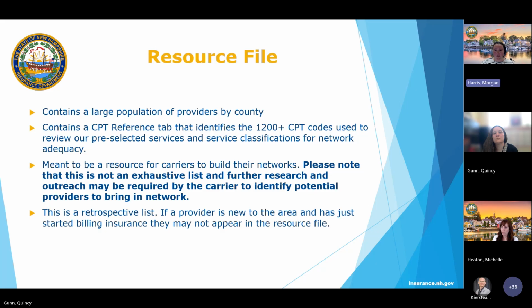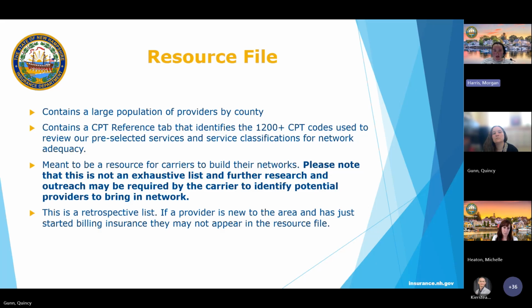This is not an exhaustive list, and further research can be done to see if there are any providers that aren't on that list that you contract with. This is just all of the providers that are in our claims database. We know we don't capture all of them. We might be missing some that maybe only contract with self-insured plans, things like that we might not see in our APCD data.